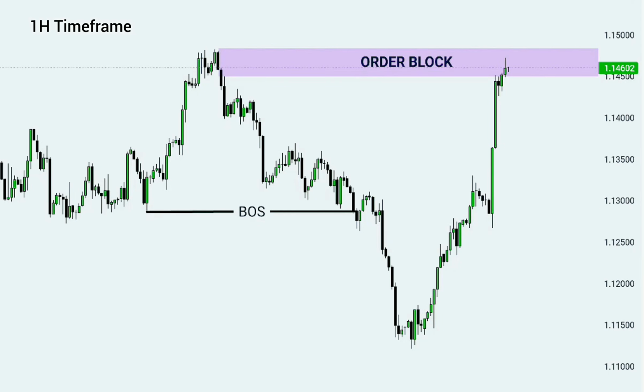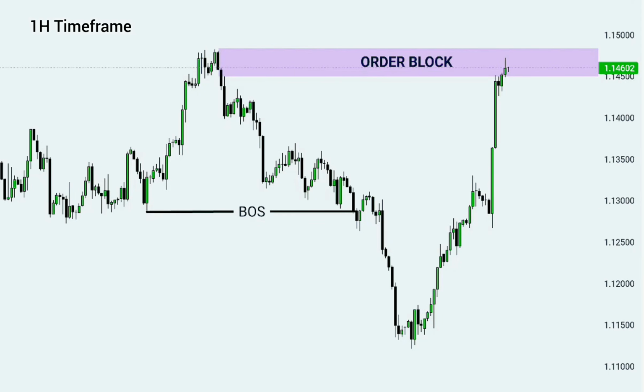What makes this order block important is not the zone itself, but how price reacts when it returns to it. Notice how price is delivered back into this area after building liquidity below, which allows institutions to rebalance or add to sell positions at premium pricing. This return is often misunderstood as strength by retail participants, but in reality, it's a controlled move designed to attract buyers.